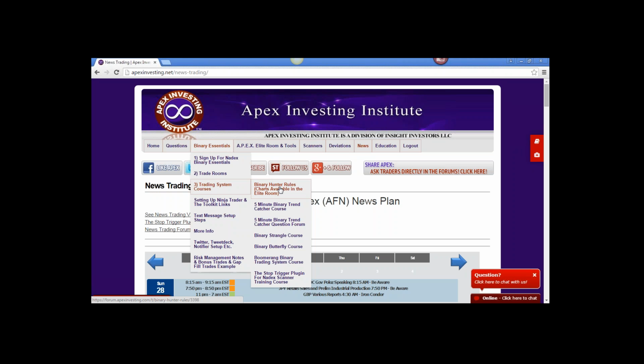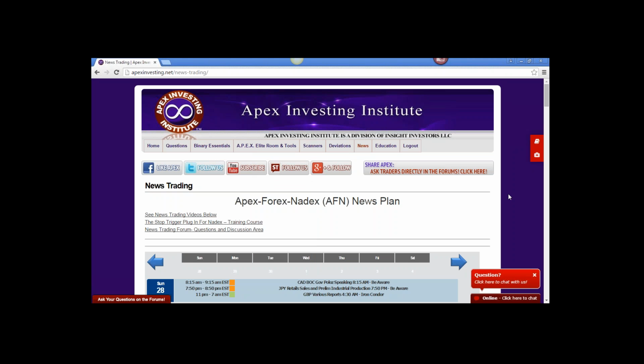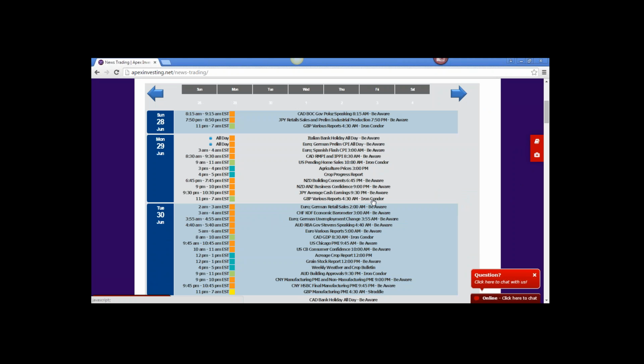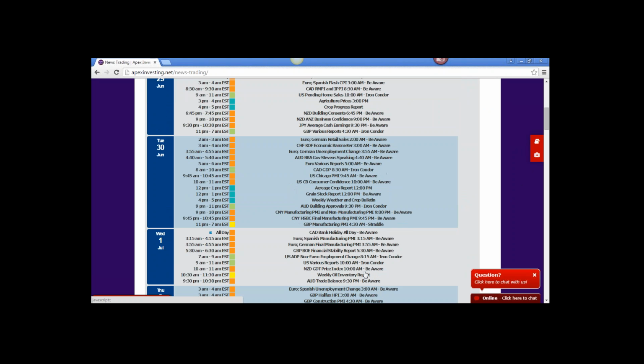So nighttime traders probably want to really look at 5-minute binaries with either one of those courses, or you want to really learn these iron condors, because a lot of those news trades for iron condors are at night as well on the news trading plan. For you nighttime part-time traders, I hope that helps. Just a quick summary: Australia and Japan are open up early evening, and your European markets are overnight.